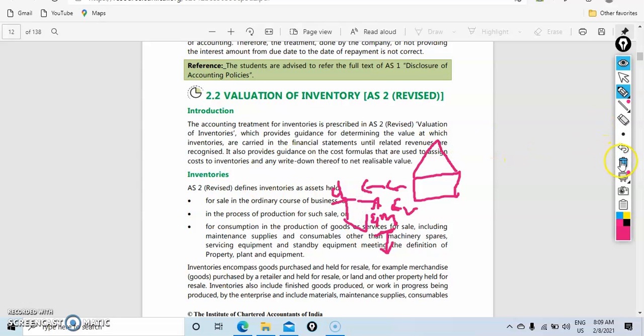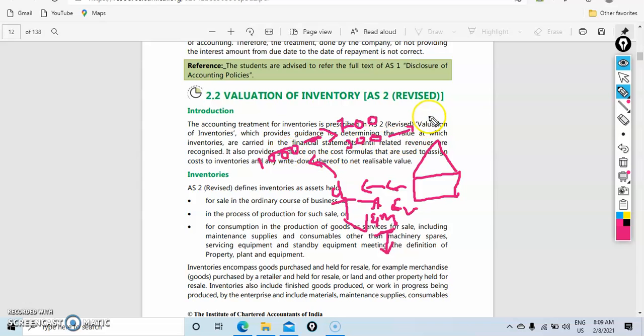Now at the end of the day, we produce 1,000 finished goods, but only 700 were sold.